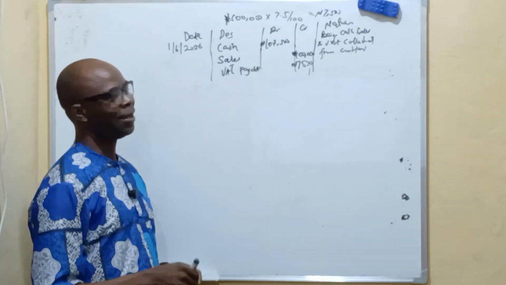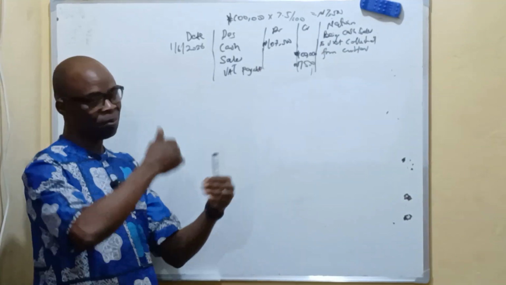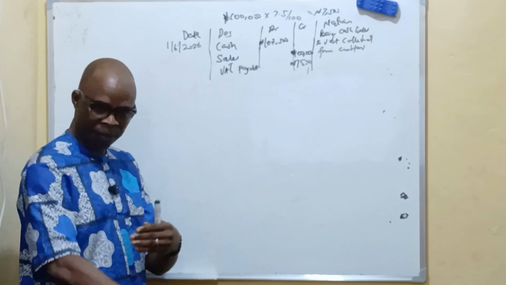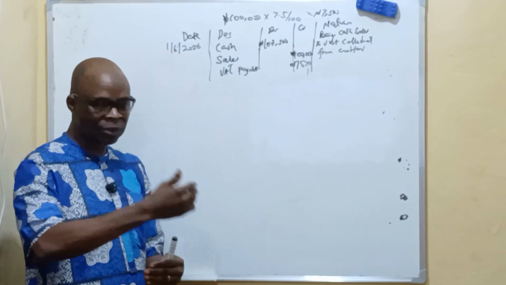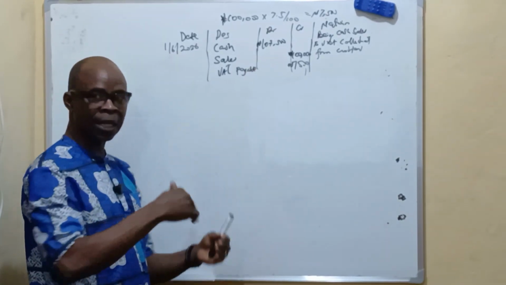Beautiful. You just journalized the transaction. This journal entry can come every minute, every hour, daily, weekly, just like that. As the transactions keep coming, your journal keeps increasing.